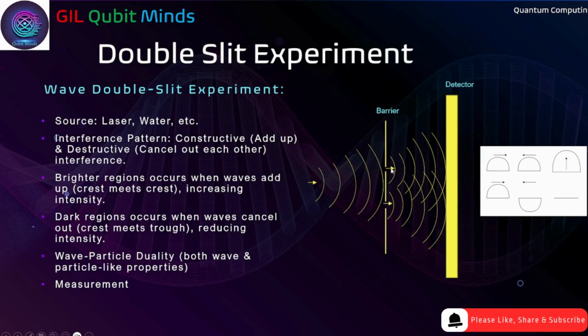When it goes out of these two slits, the water takes on wave behavior. This is what we call an interference pattern. When it hits the final detector or screen, it behaves like a particle. It collapses like a particle. It flows like a wave and collapses like a particle.